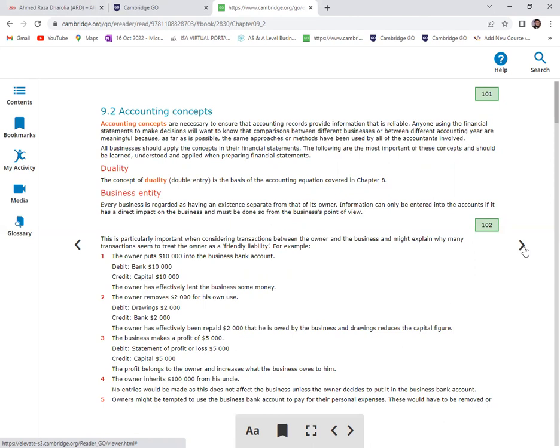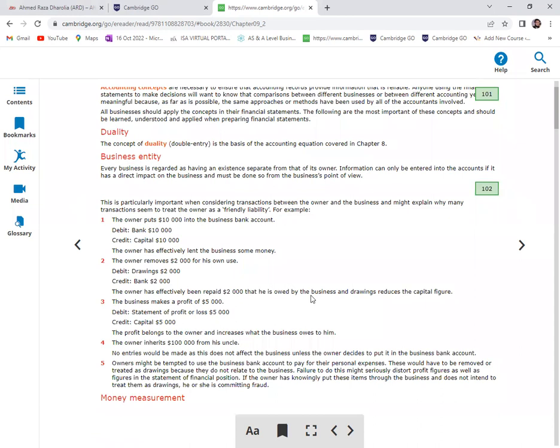So duality is something similar to that concept. In easy words, every debit must have equal credits. Like we learned in accounting entries, if bank is debited, some other account must be credited.